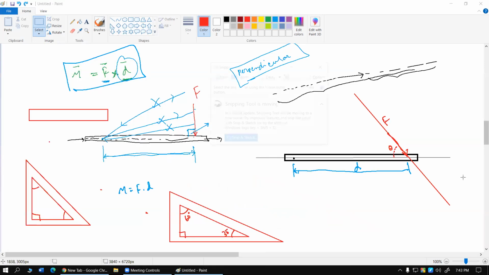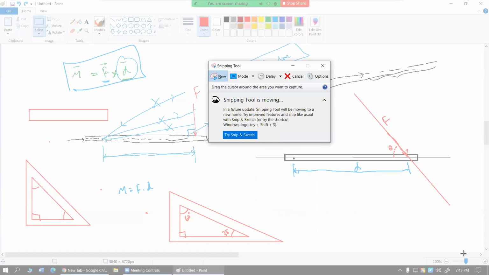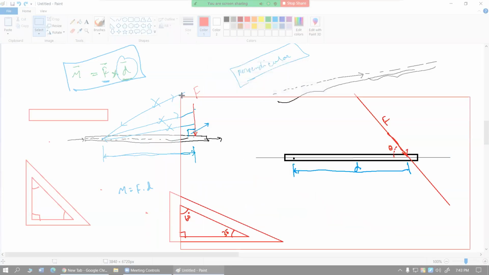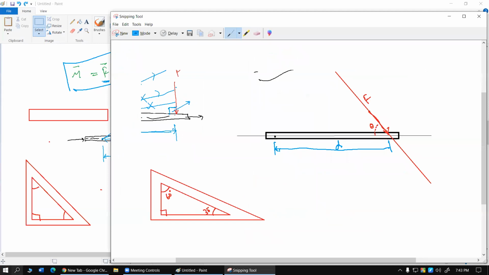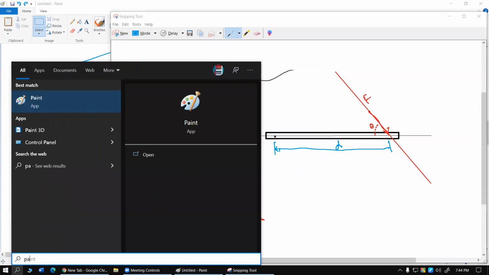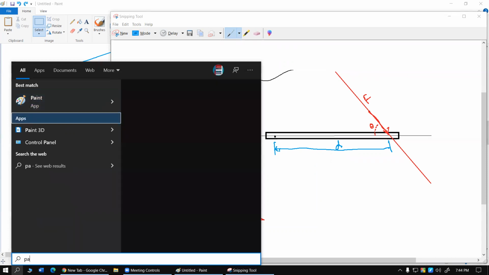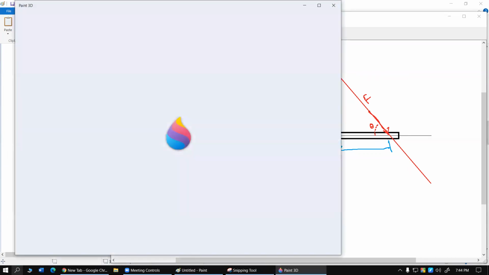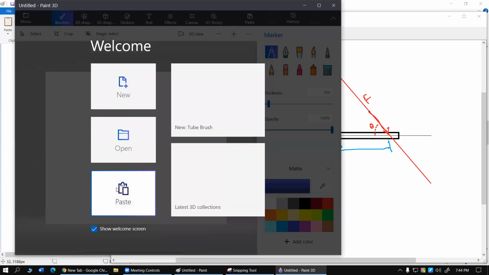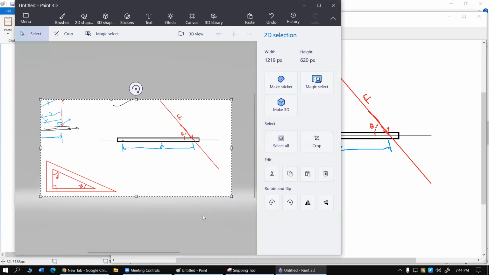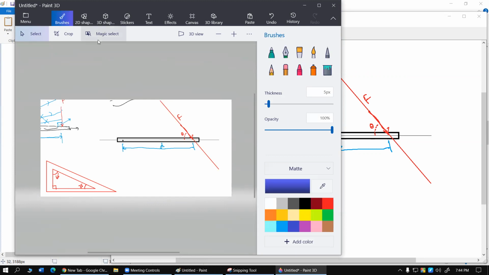Snipping tool. So I'm going to use this much. Control C. Okay.